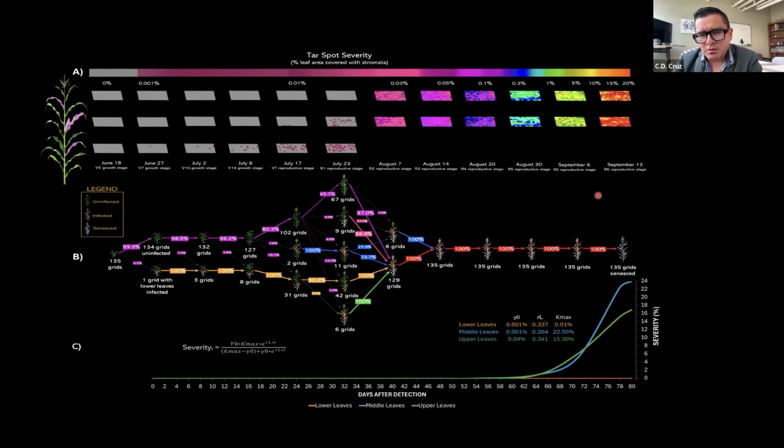And in this case, Markov chains together with spatial analysis was powerful enough to indicate and tell us that even though the exponential phase is pretty obvious towards the end of the season, we definitely are capable of detecting disease pretty early in the season as well, as you can tell from these spatial analyses. So there are different grids within that larger 4-acre field that started to show disease.